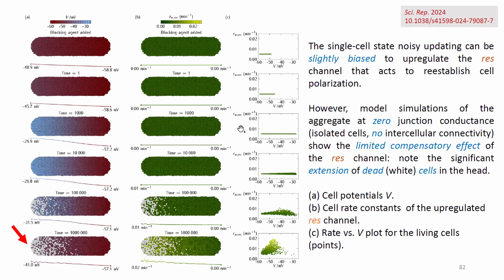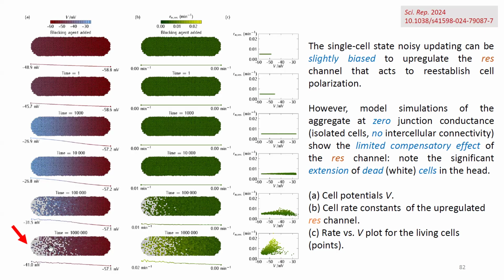We connect all the cells in the model ensemble and we found a relatively interesting result. These white cells, which are in the model dead cells that eventually die because of the depolarization that takes the cell potential out of the physiological potential window, die, but they extend to the system.